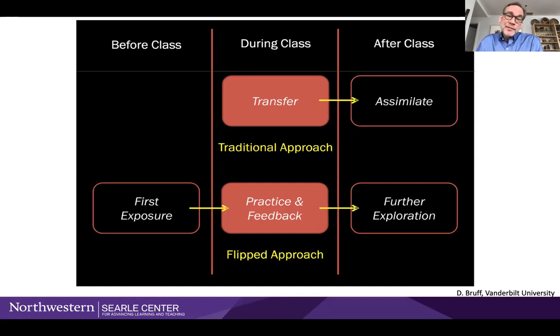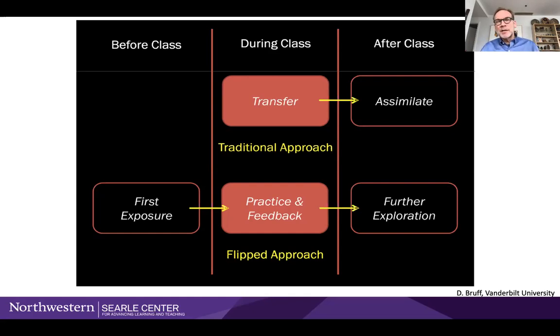A blended or a flipped approach takes a shift in that. First of all, it takes a social constructivist learning, which is learner-centered. So not transmission, but rather student-centered learning. In addition, it adds this piece of first exposure to content that happens before class. So that when students come to class, they've thought through some ideas, they've read a piece, they've listened to a lecture, they've tried a problem, they've explored finding out information or observing something.